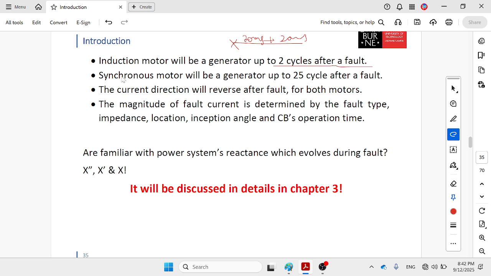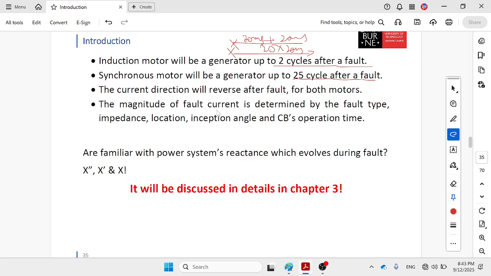Done. A synchronous motor can be converted to a generator for 25 cycles after the fault. So from here until 25 cycles, 25 times 20 milliseconds. And the current direction will be reversed after the fault for both motors.